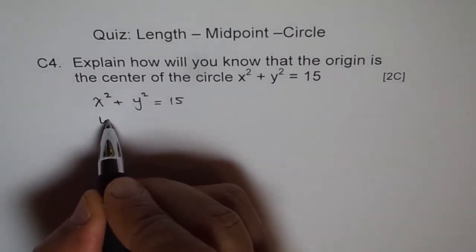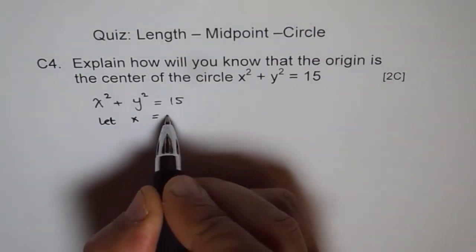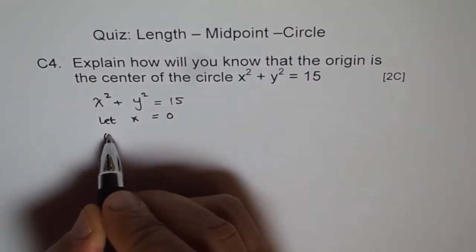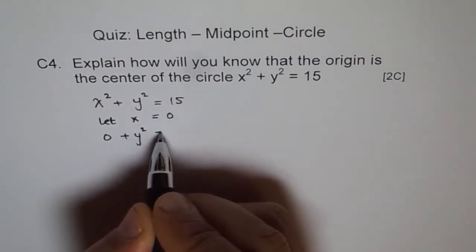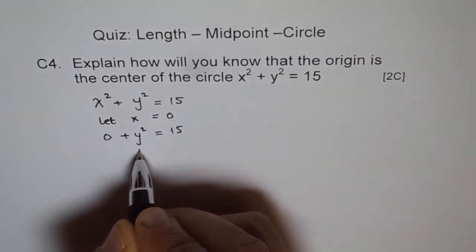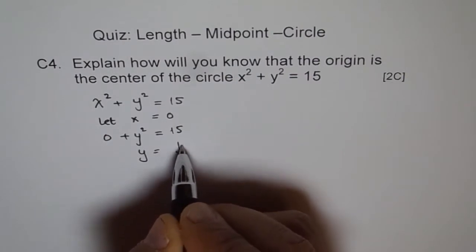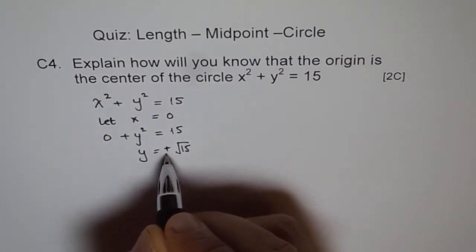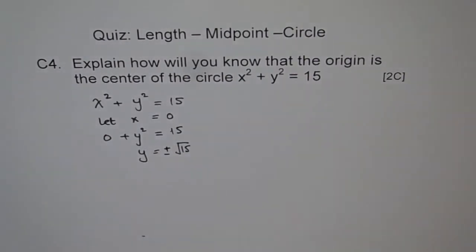So let x equal 0. Then we'll put 0 here. So 0 plus y square equals 15, and y equals plus and minus square root of 15. Correct? So these are my points, y plus minus square root of 15.